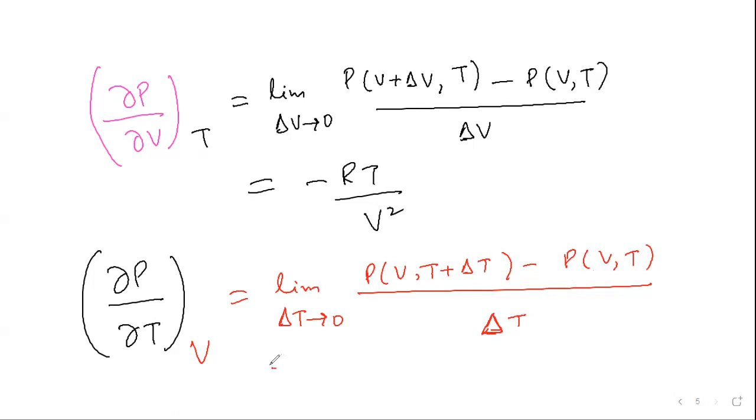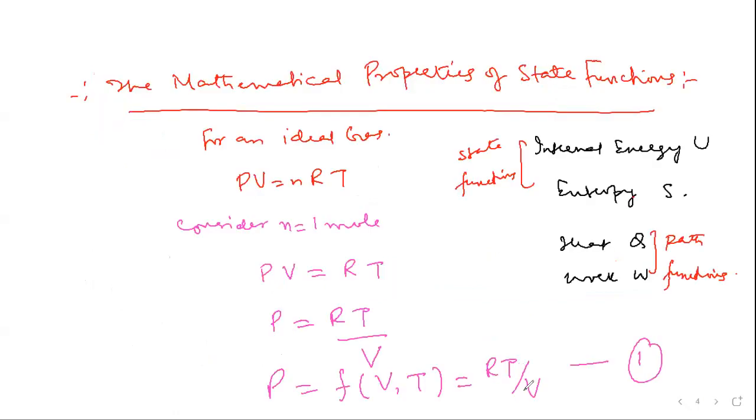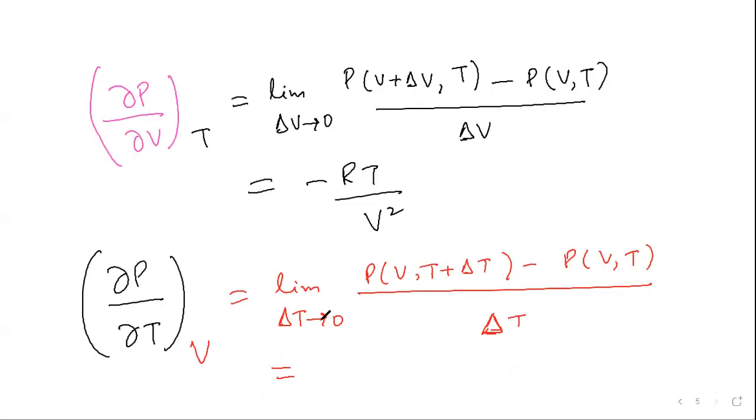When you do that, you have the expression RT by V. Now you differentiate it with respect to temperature. Keeping V constant, it is just R by V.